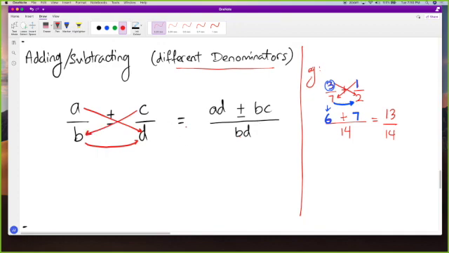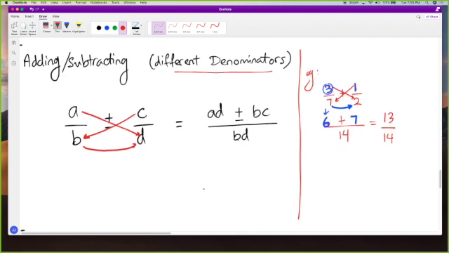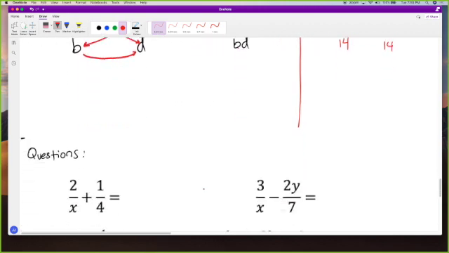This method will work for all fractions. Any addition and subtraction that you have to do with fractions, just do this method. Multiply your denominators and then cross multiply, and you're good to go. Hopefully this should be easy breezy for you.